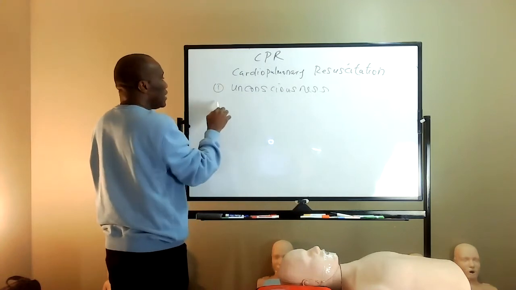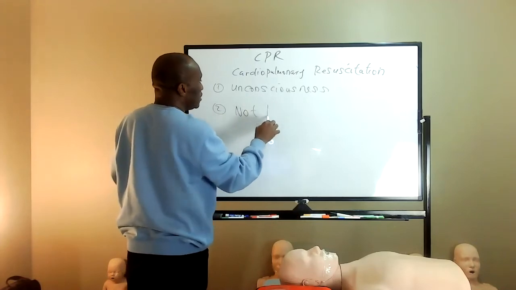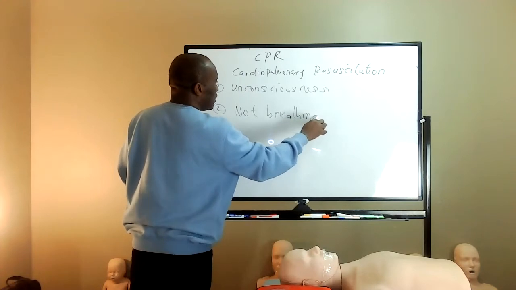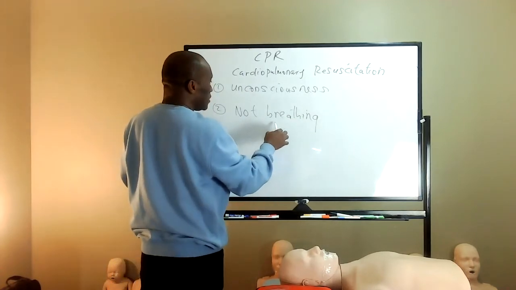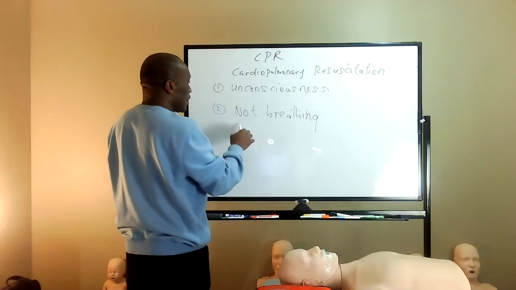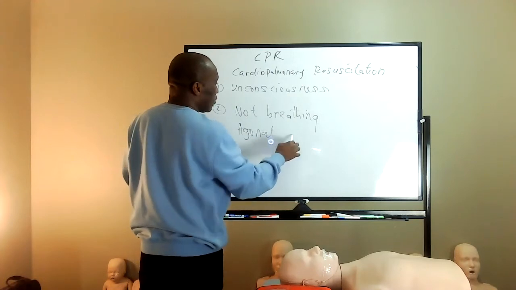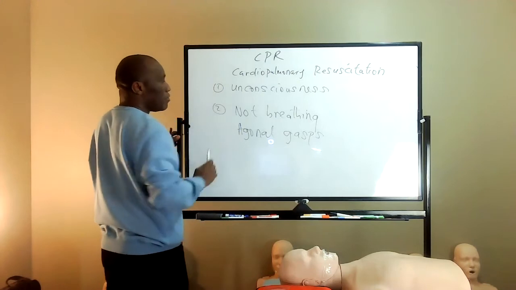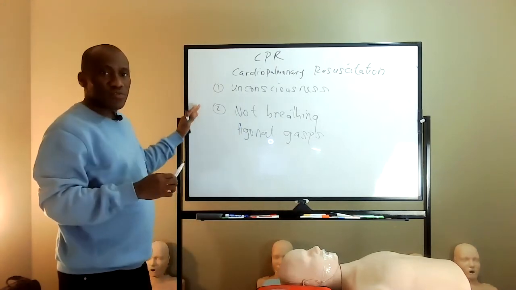And then of course the person is not breathing. So lack of breathing, or the person is what you call agonal breathing, okay? Agonal gasps. So this is abnormal kind of breathing. So these are the two conditions.